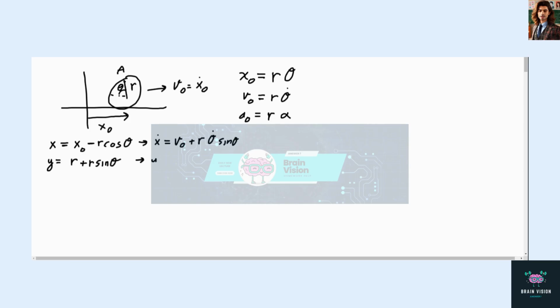Do the exact same thing for y. When we differentiate y, the derivative of r is just 0.